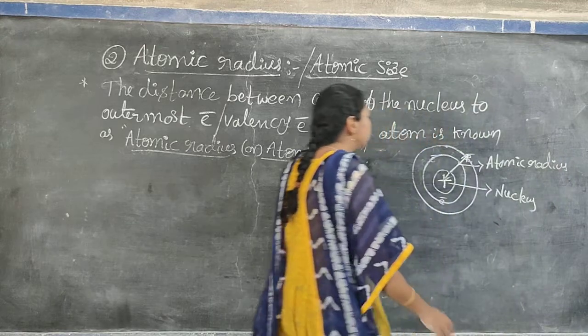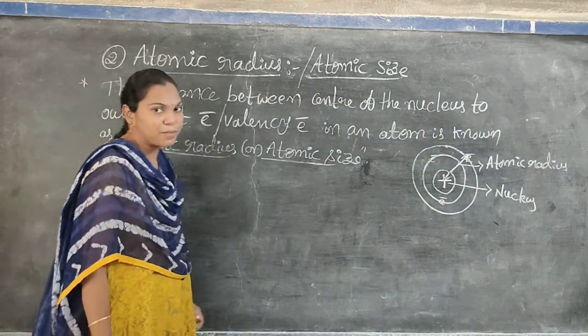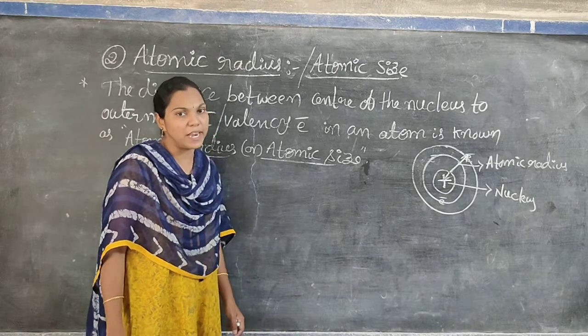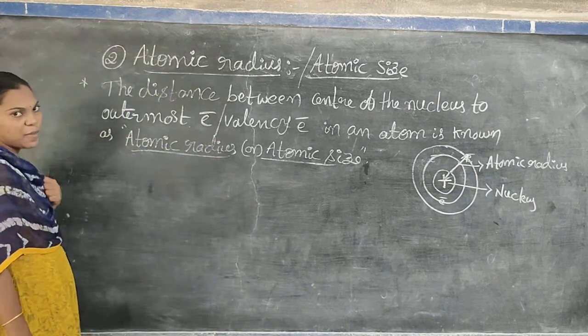Do you understand? So we can say simply that atomic radius is nothing but the distance from the nucleus to the outermost electron in an atom, known as atomic size or atomic radius.